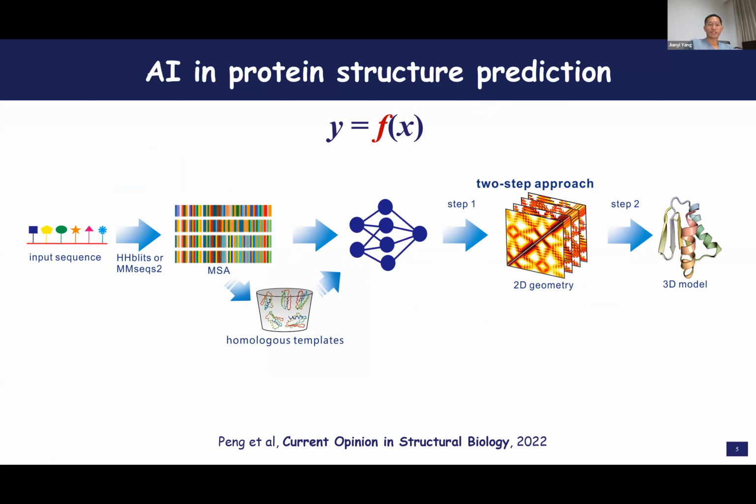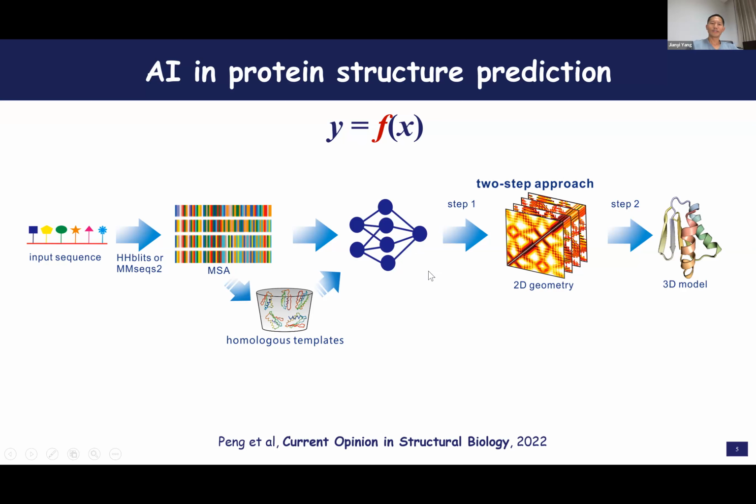Then how exactly do we use AI to solve this problem? From the input protein sequence, we use sequence alignment methods such as HHblits or MMseqs2 to find homologous sequences and build the multiple sequence alignment, MSA in brief. This MSA is input to the network shown here.